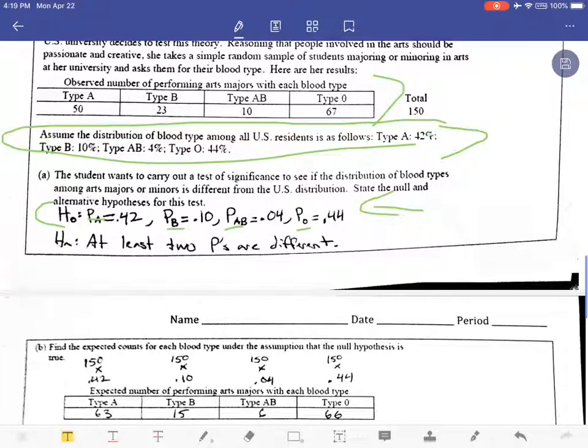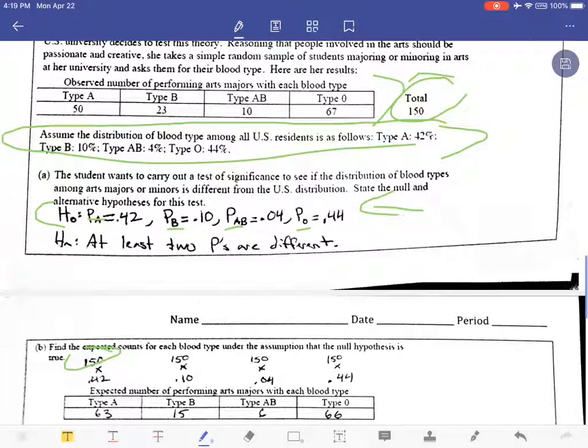So we take our sample size, which they gave us as 150, and then we multiply it by our expected proportions. So we get 150 times 0.42, which gives us 63, 150 times 0.10, which gives us 15, 150 times 0.04, which gives us 6, and 150 times 0.44, which gives us 66.